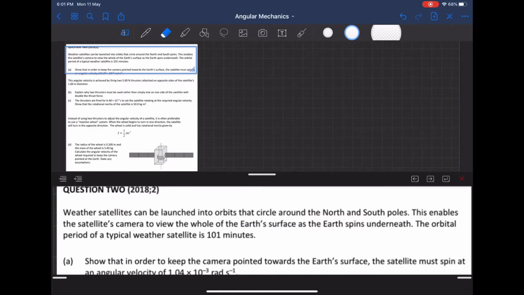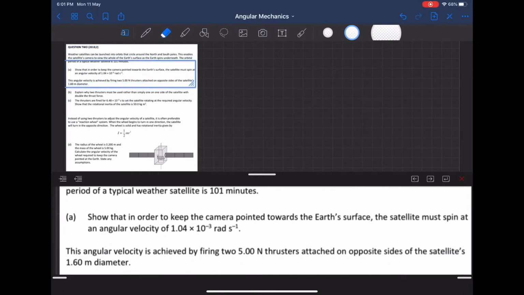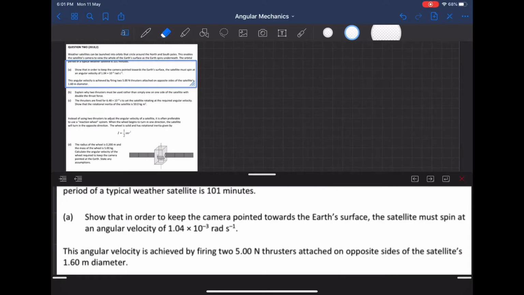The orbital period of a typical weather satellite is 101 minutes. So for question A, they want us to show that in order to keep the camera pointed towards the Earth's surface, right, so to have a stable orbit, the satellite must spin at an angular velocity of 1.04 times 10 to the negative 3 rads per second. Okay, and so we're going to prove that.